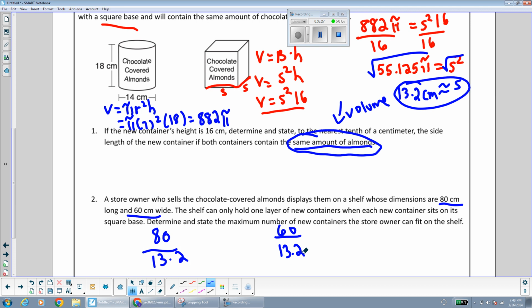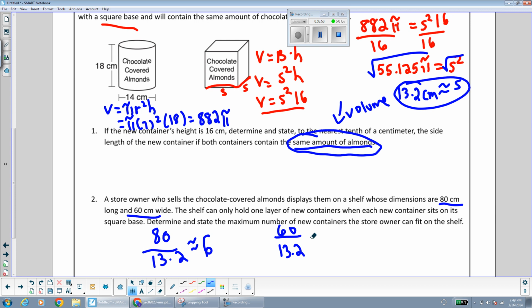And we want the maximum number. So I'm going to round down because, for example, here I got 6.06, but I can't have 0.06 of a box. And if I put 7 boxes, it's not going to fit. So I'm going to round down here. And 60 divided by 13.2.